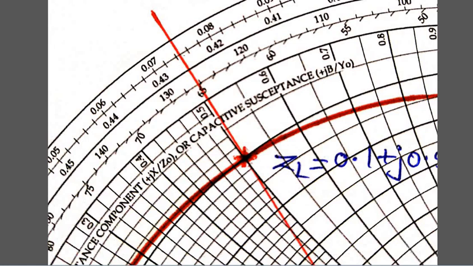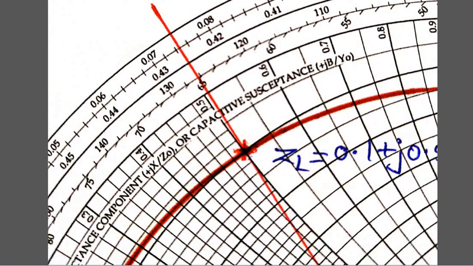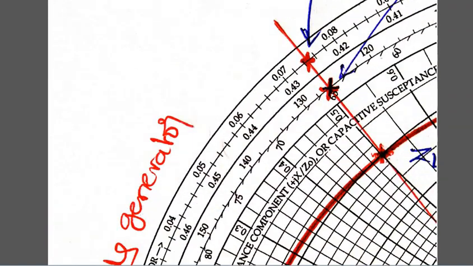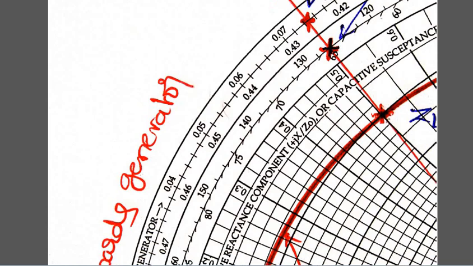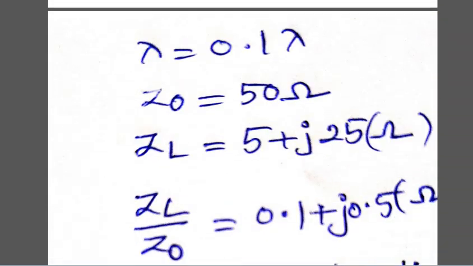So the wavelength will be 0.075, and the angle of reflection will be 126 degrees. Then we will move to the regular graph, which is clear for you. So see that extended line from ZL onto the angle of reflection and wavelength. This is the wavelength, this is the angle of reflection. See those values.